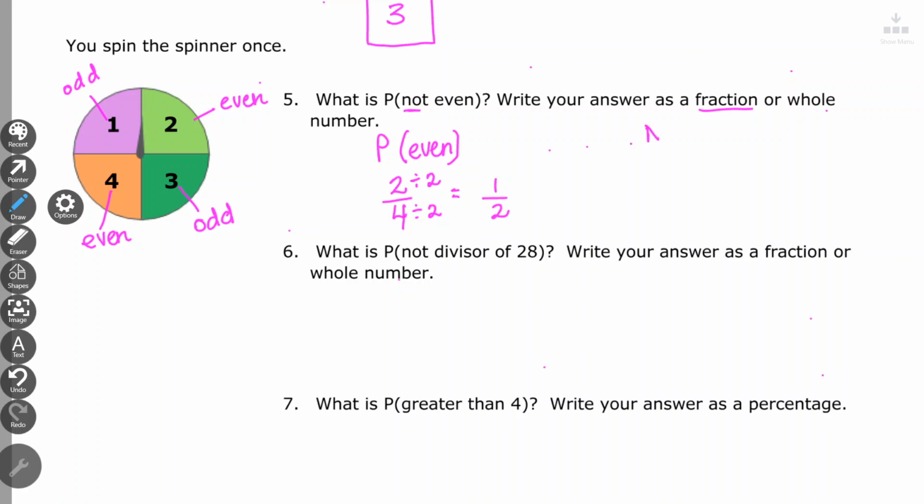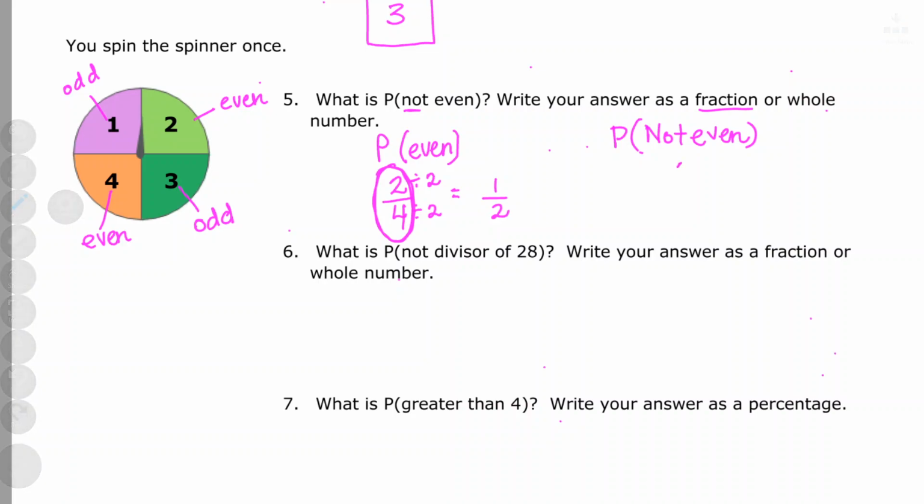Okay, so the probability of not even, well, now remember, when you go back to the first fraction that we started with right here, the numerators have to add up to be the denominator. So how many are not even? In this case, that would be the numbers that are odd. How many are odd?